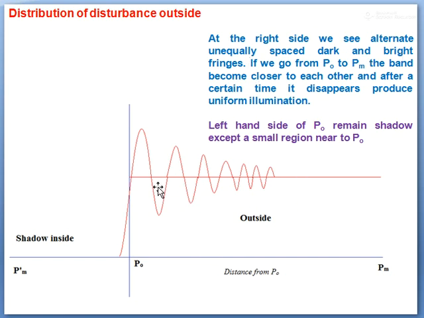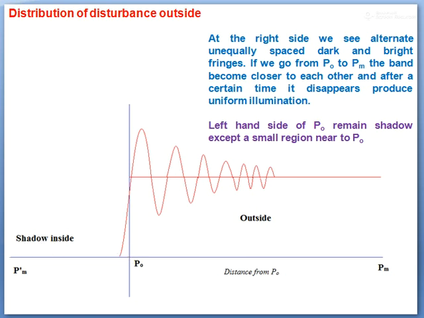If we go from P to P0 to P1 PM, the bands become more and more closer to each other. After a certain distance it will disappear, and this ultimately shows uniform illumination. তাহলে স্ট্রেট এজে আমরা এই ঘটনা লক্ষ্য করতে পারবো। এবং লেফট হ্যান্ড সাইডটা কি, except a small portion near to P0 there will be complete shadow.